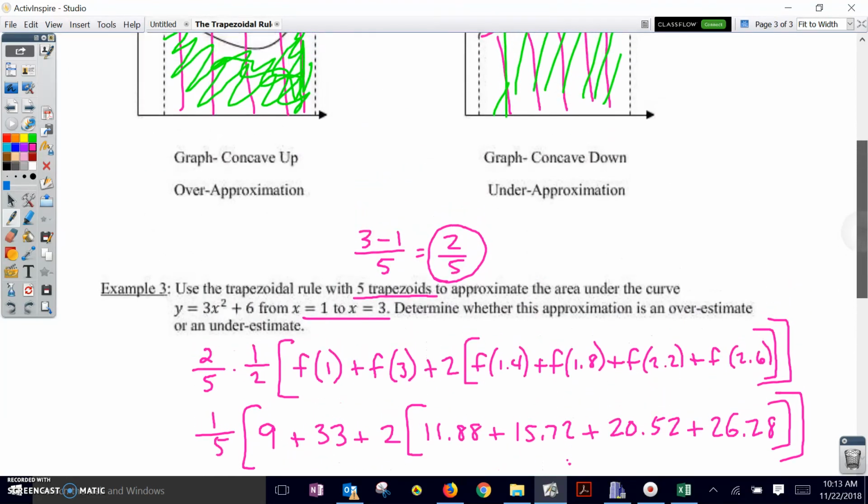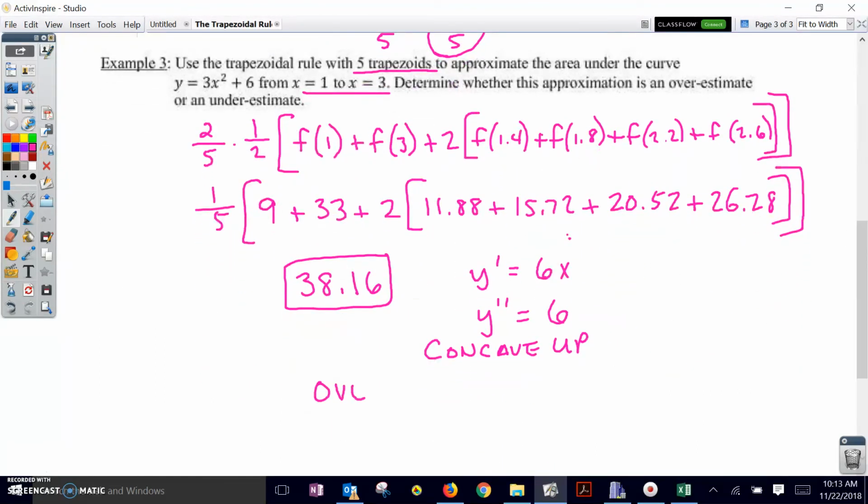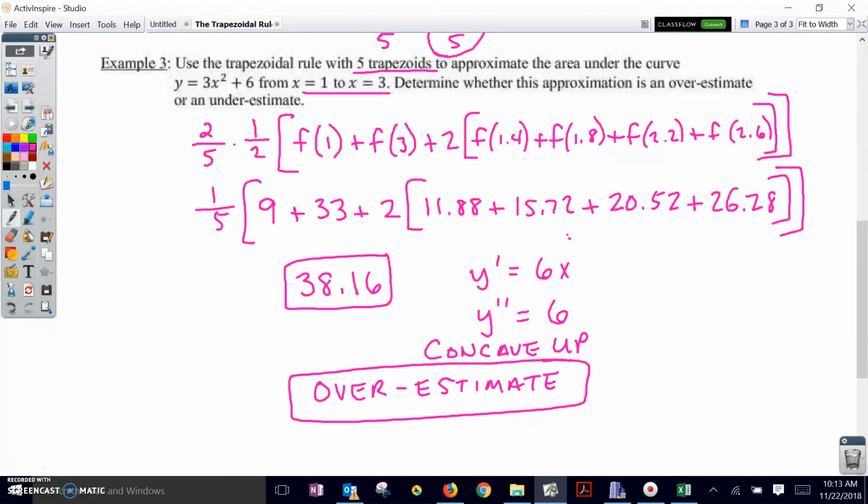And since it's concave up, that tells us that this is an over-approximation, or an overestimate. Alright, and that's how I can use concavity to make a judgment. So I approximated the value of the area under the curve to be 38.16. It's an overestimate.